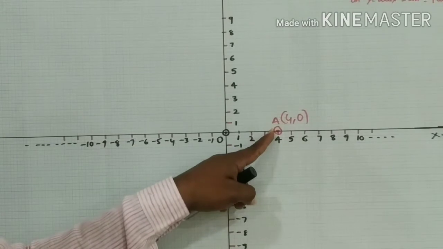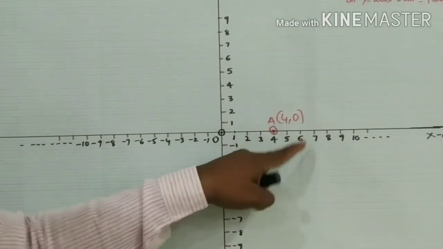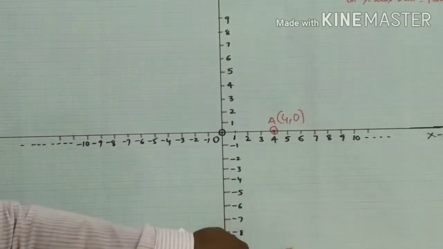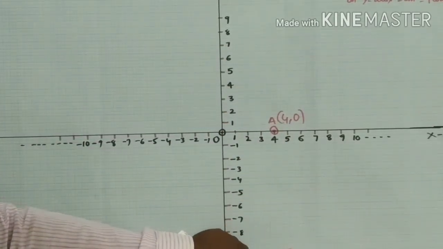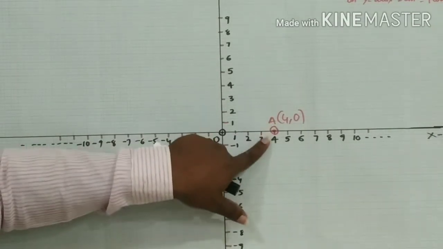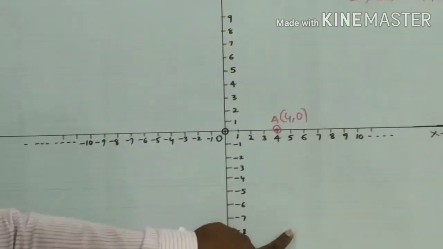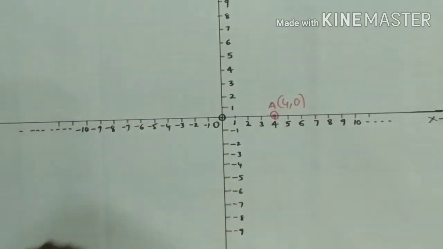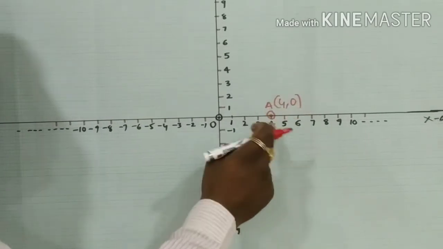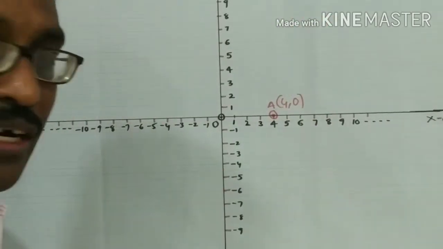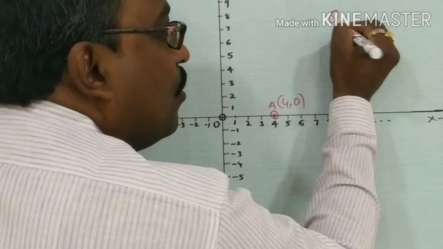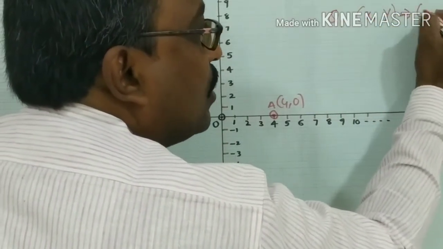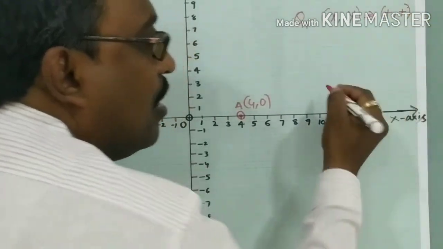So here, this point A, 4 comma 0, does it belong to quadrant 1? Or does it belong to quadrant 4? No. This point does not belong to quadrant 1 and it does not belong to quadrant 4. It lies on the x-axis. 4 comma 0 does not belong to quadrant 1 because for quadrant 1, what you learned is x comma y, that means both are positive.